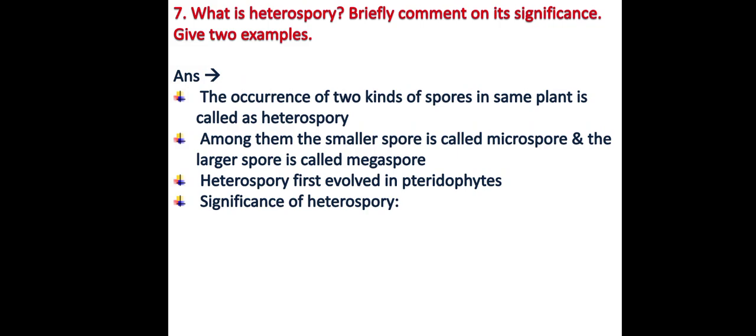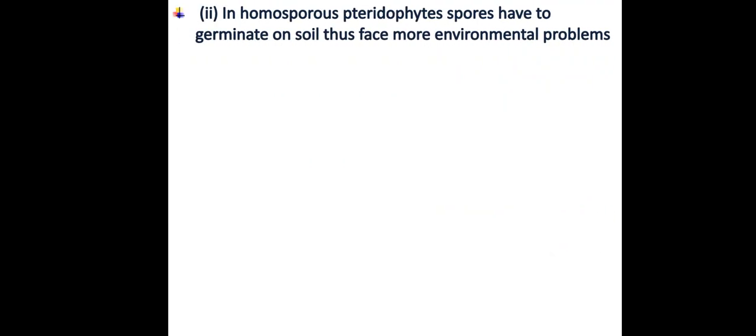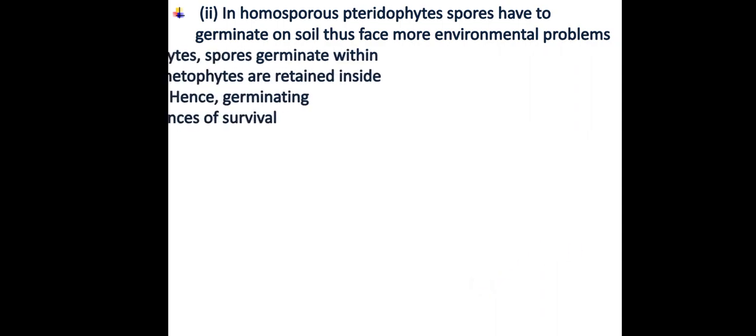Significance of heterospory. Heterospory is associated with the sexual differentiation of the gametophyte. A microspore develops into a male gametophyte, whereas a megaspore develops into a female gametophyte. In homosporous pteridophytes, spores have to germinate on soil, and thus face more environmental problems.